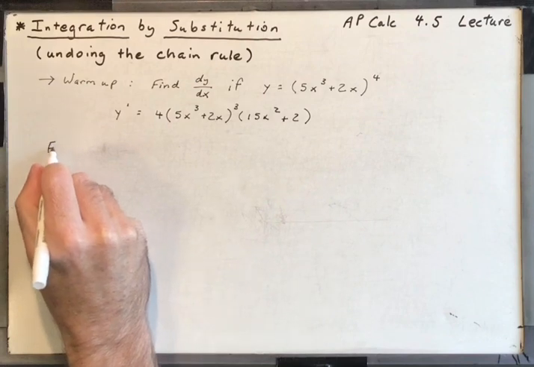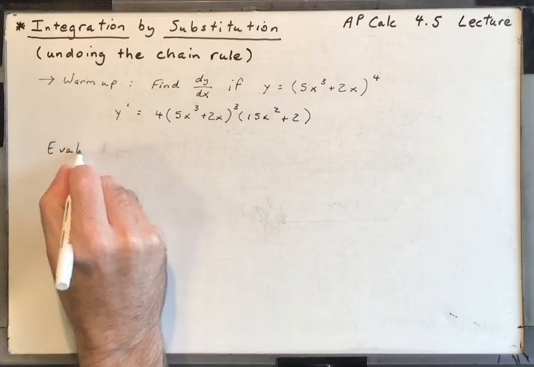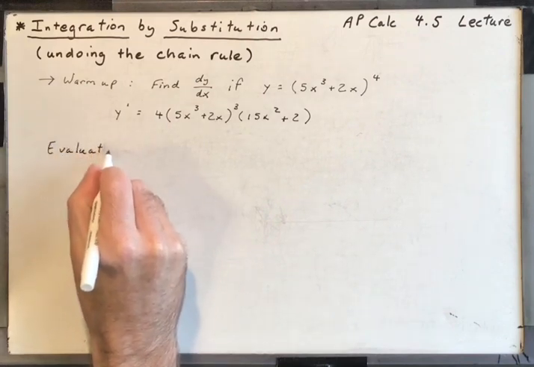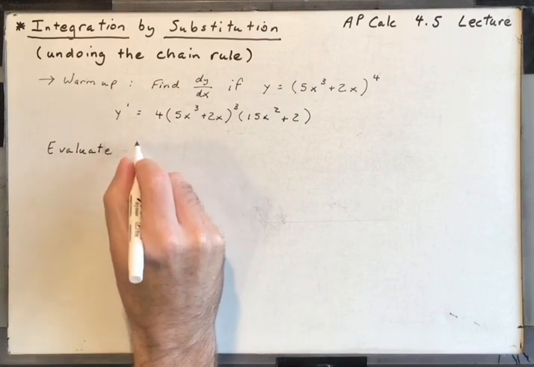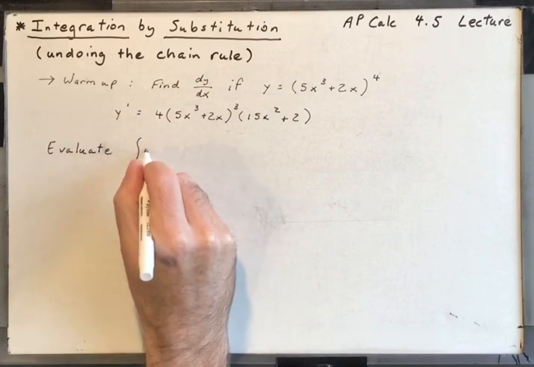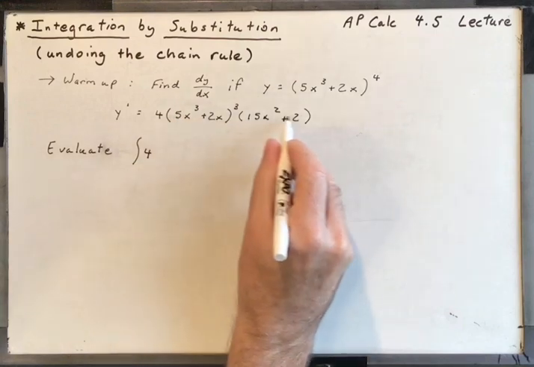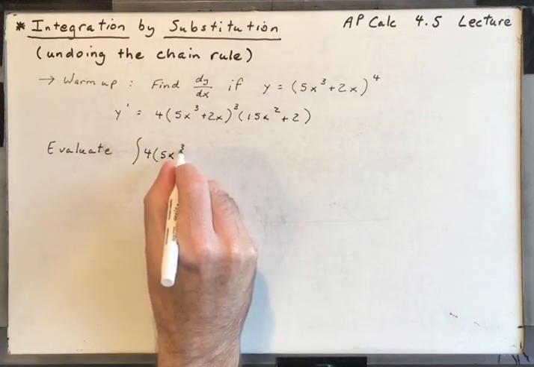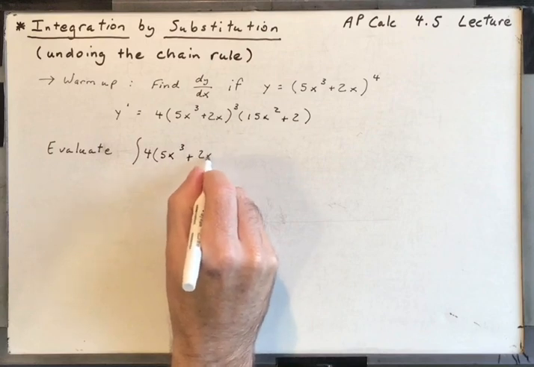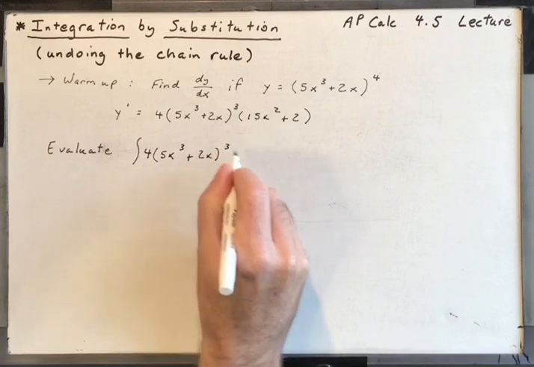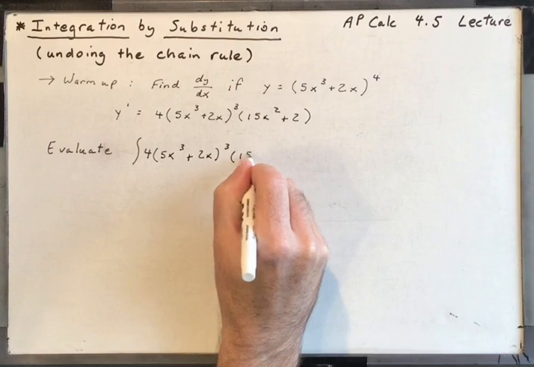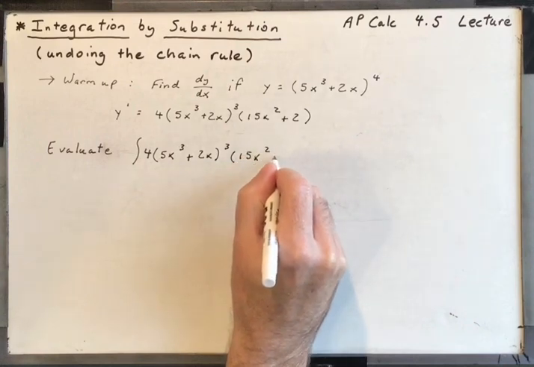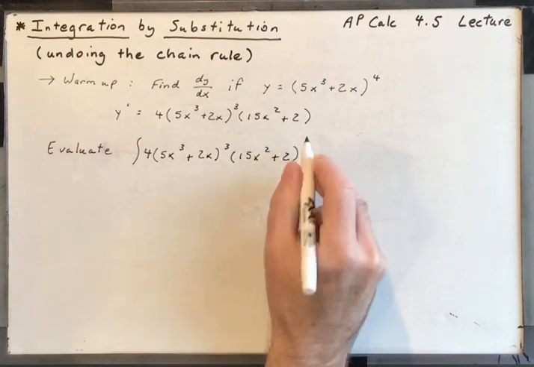All right, and let's go backwards now. Let's evaluate the integral of 4 times 5x cubed plus 2x, all cubed, times 15x squared plus 2 dx.